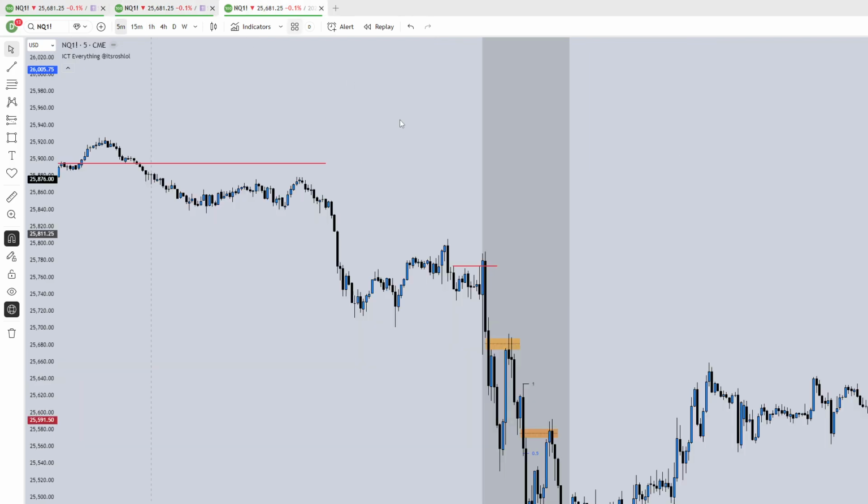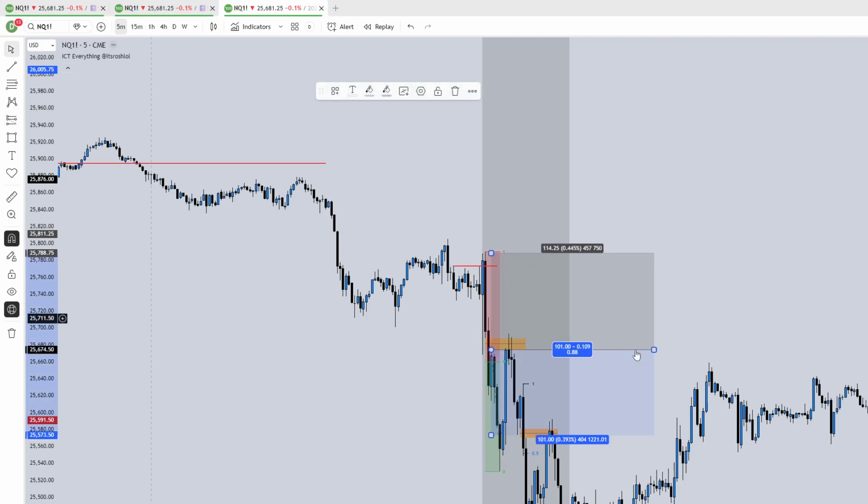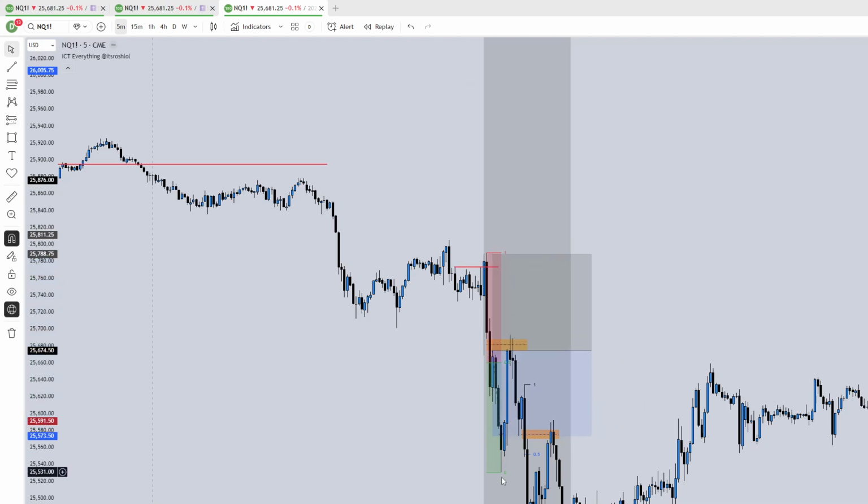So 9:30 open, I see my model. I see this displacement leg, the breaker structure, and this fair value gap in premium. So that was my entry right here. Stop above the displacement leg. You could get fancy and target a drawn liquidity, which I kind of did.